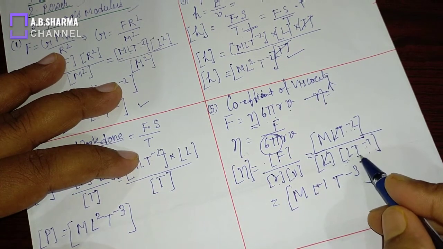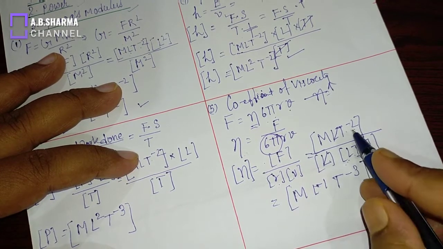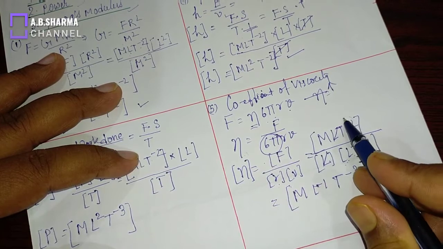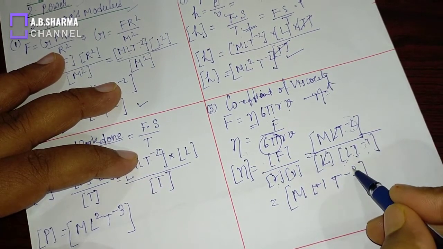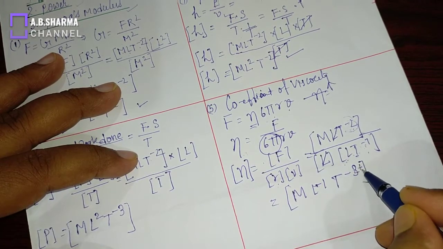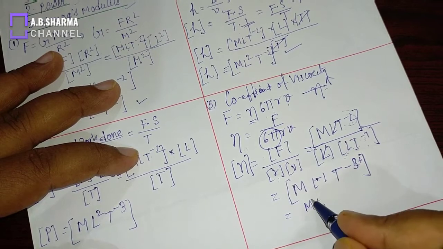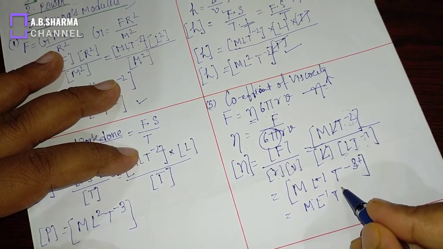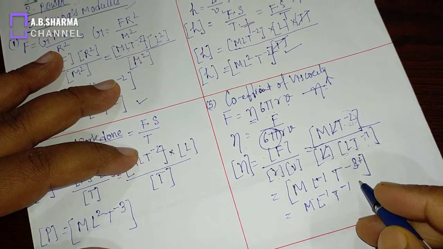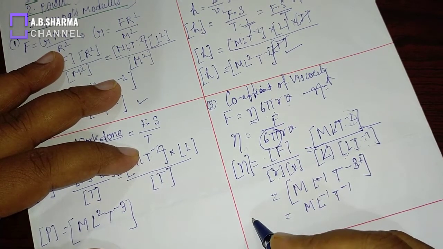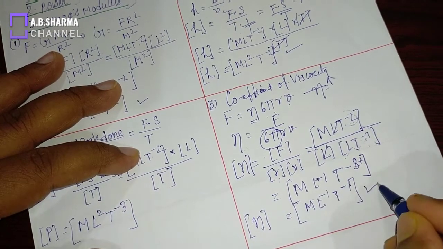When the exponents of the numerator and the exponents of the denominator are combined, this will be -2 plus 1, so ultimately this will become ML^-1T^-1. This is the dimensional equation of coefficient of viscosity.